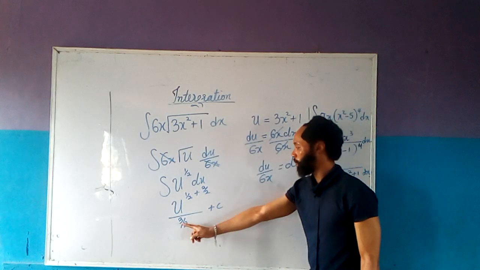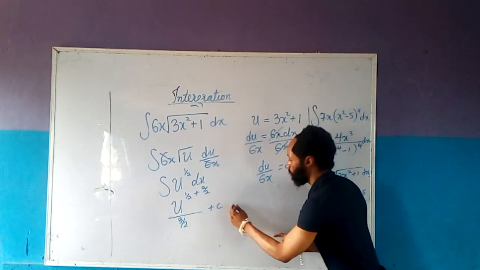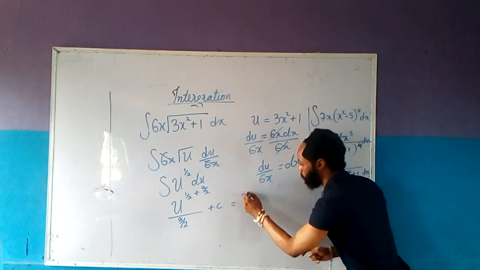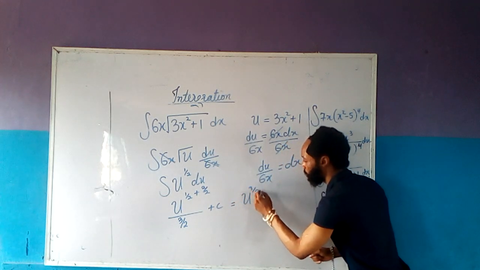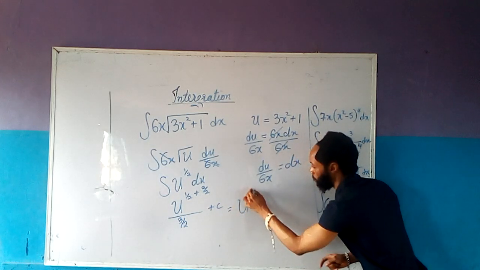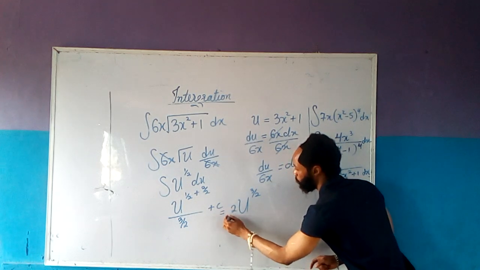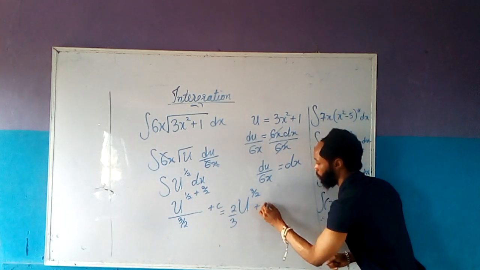Remember that we could also multiply by the reciprocal if you don't want to divide by 3 over 2. So we now have U raised to the power 3 over 2 multiplied by 2 over 3 plus c.